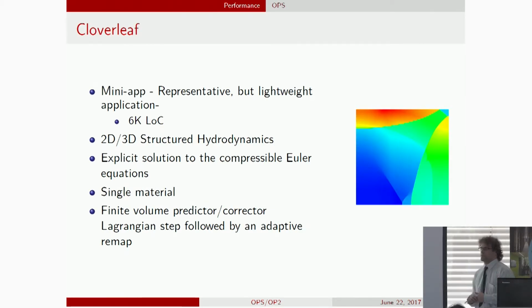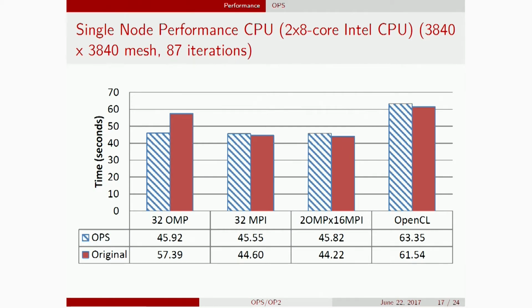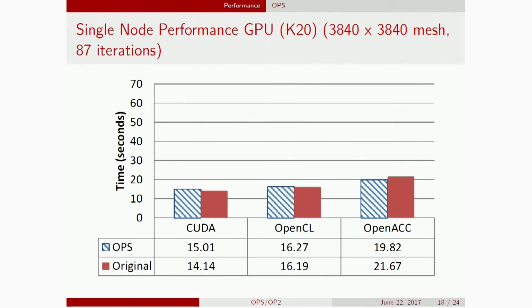So for showing some results that we get with the libraries, here's a mini application, the Cleverleaf, which is a structured 2 or 3D hydrodynamics simulation, which explicitly solves the compressible Euler equations. And if we compare the OPS library results with the original handwritten and optimized code, we can see that on CPU we have almost the same performance as with the handwritten code, and on GPUs as well.